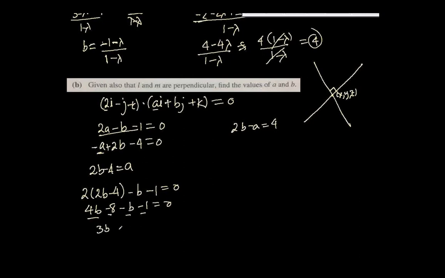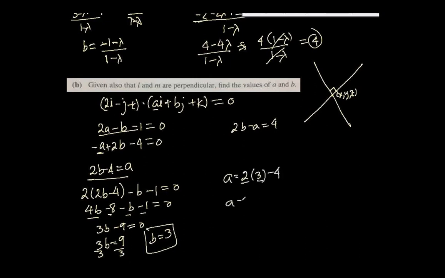Minus 8 minus 1 is minus 9 equal to 0. 3b is 9. Divide both sides by 3. So we get b equal to 3. And to find a, we can use this one. A is 2b minus 4. 2 times 3 is 6, minus 4 is 2. So we got a equal to 2.